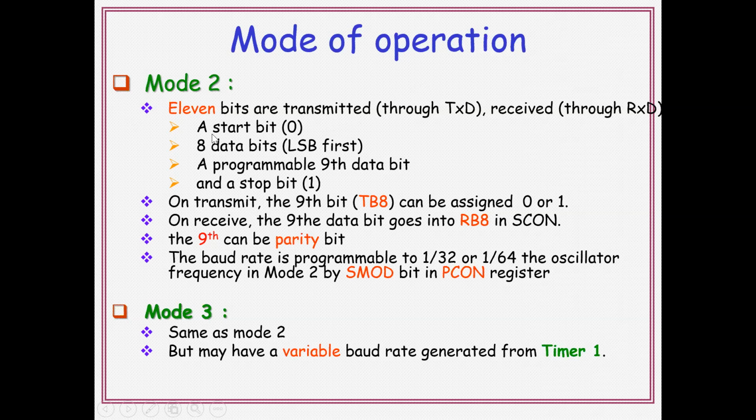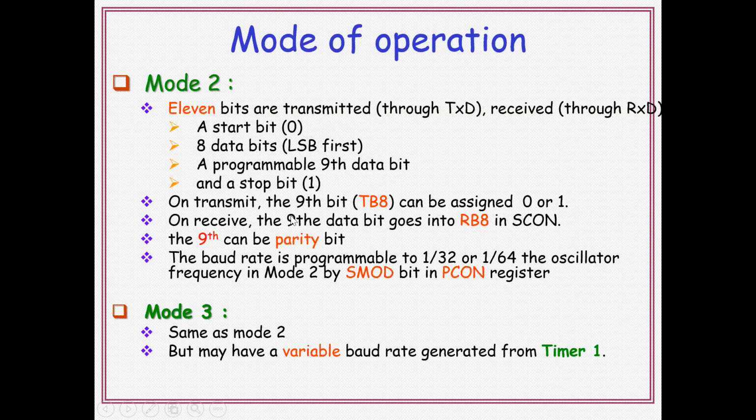In those 11 bits, the first is the start bit, which is always 0. Next are 8 data bits, LSB first transmission. A programmable 9th data bit, called the parity bit, is added. And next is the stop bit. So start bit, 8 data bits, 1 programmable 9th bit called the parity bit, and stop bit: totally 11 bits are supported.